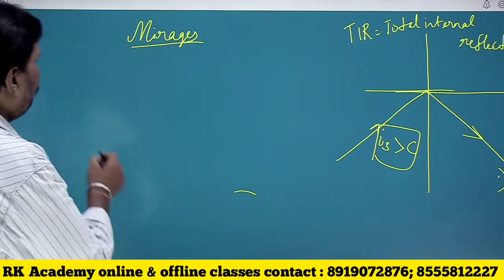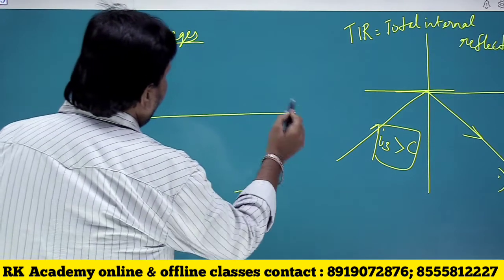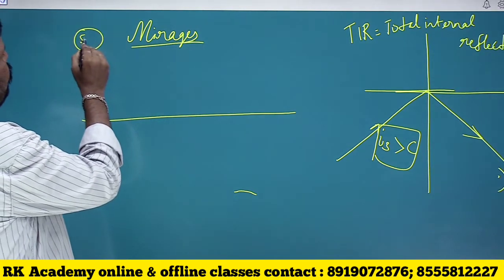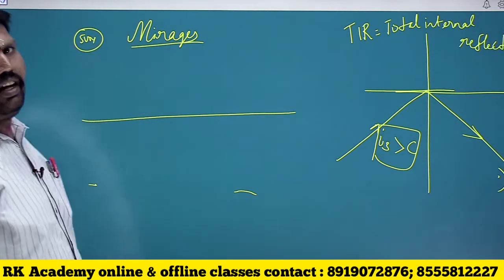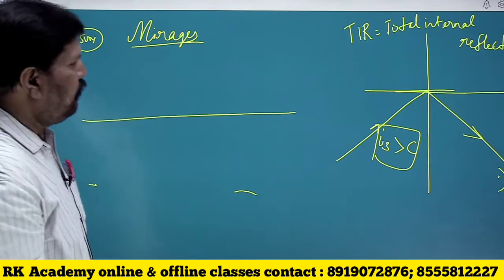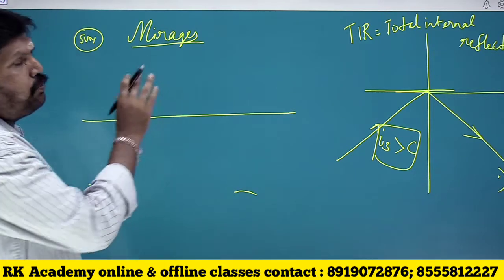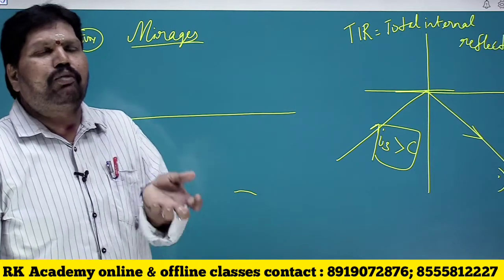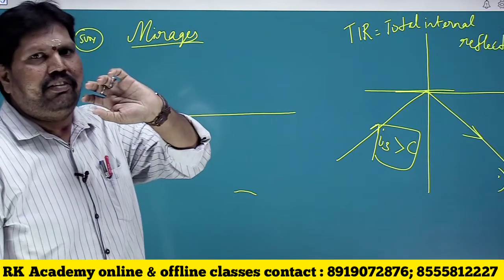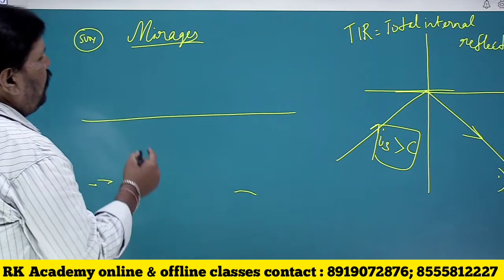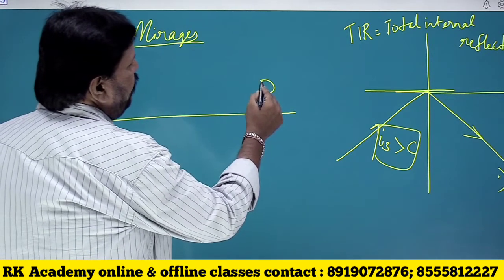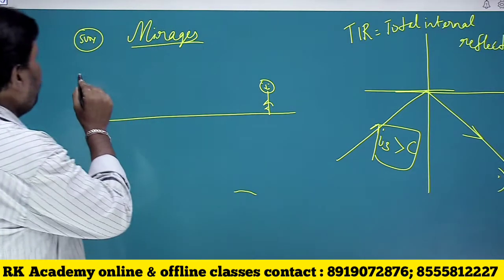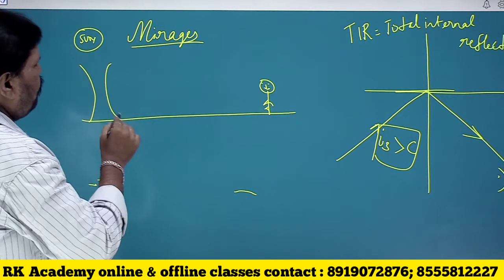For example, we are moving on a fine sunny day. The sun emits light and heat. So over the earth's surface the heat is more, and thereby the density is less. As you move up, the density increases. Here a person is watching, and here a tree is there.